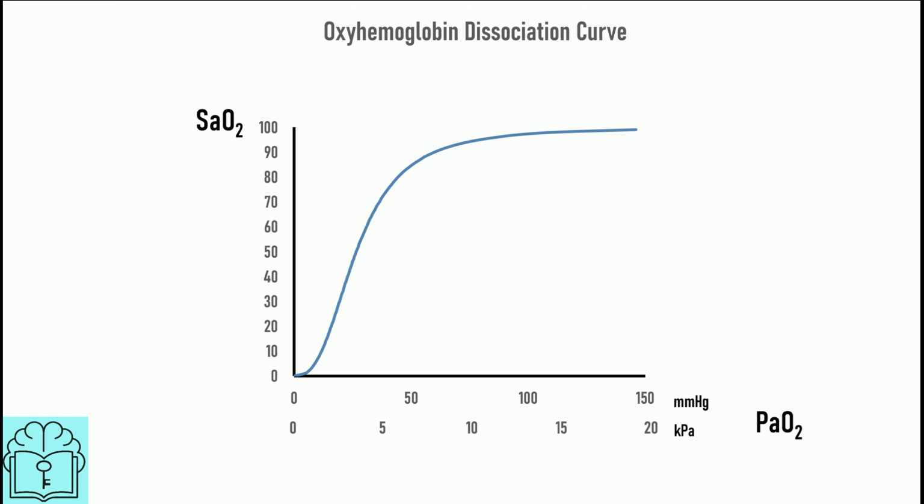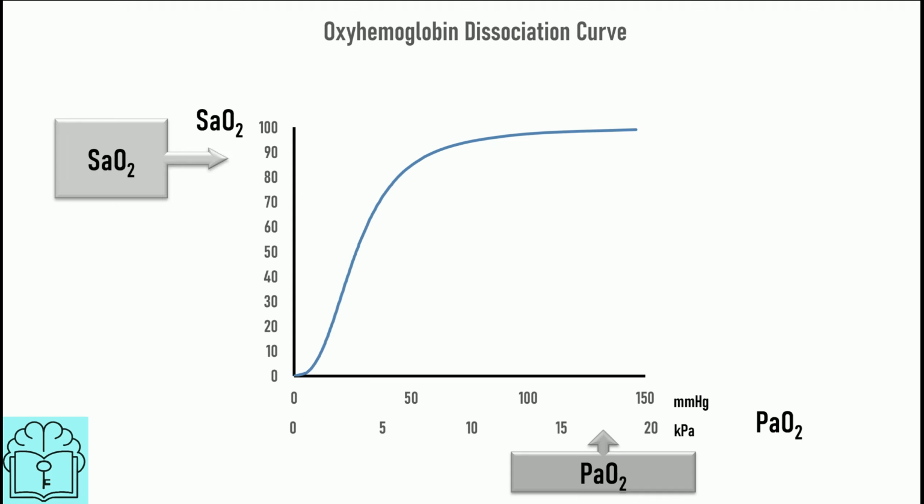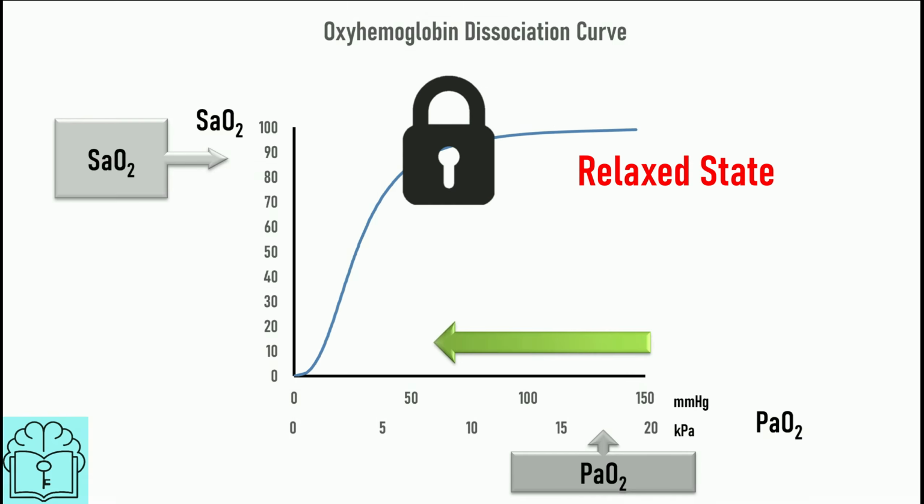This is the Oxyhemoglobin Dissociation Curve. On the x-axis is the PaO2, the partial pressure of dissolved oxygen in plasma and within the red blood cell, and on the y-axis is oxyhemoglobin saturation. You will note that the curve is sigmoid. At high PaO2 levels, the saturation is very high, and at this level, oxygen is locked to hemoglobin.